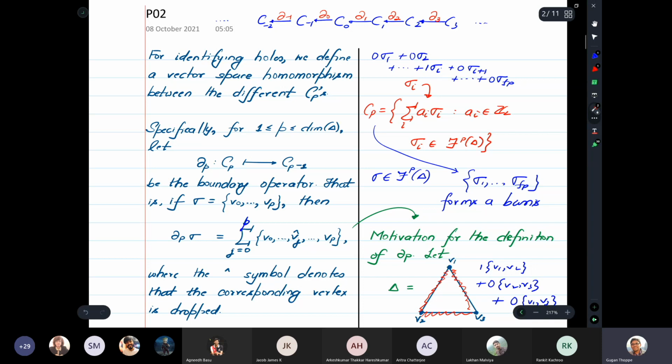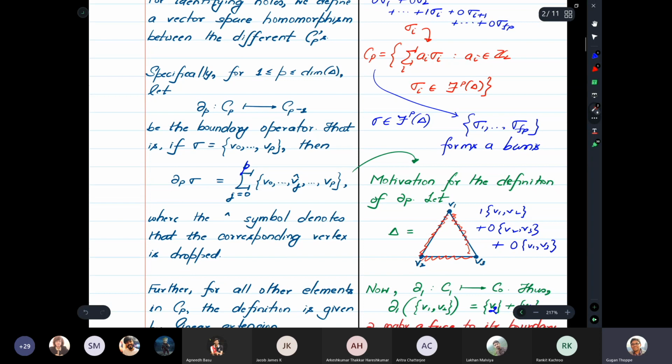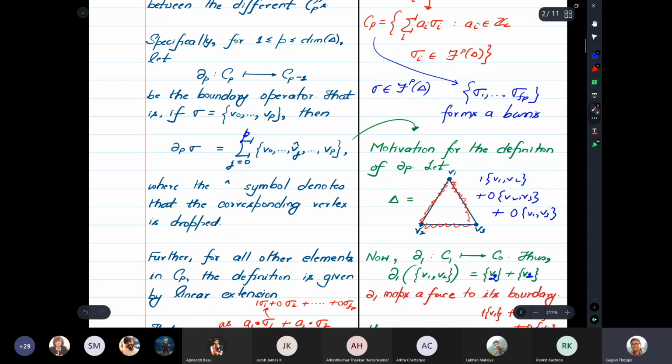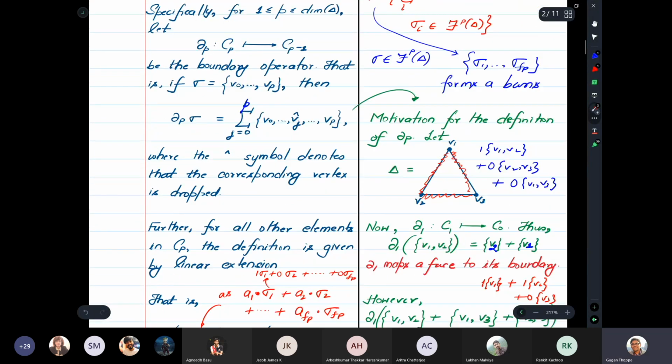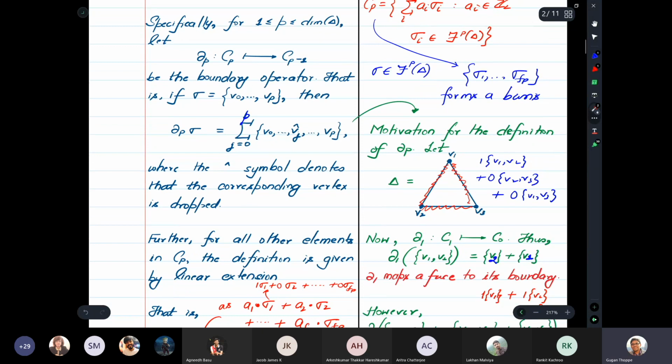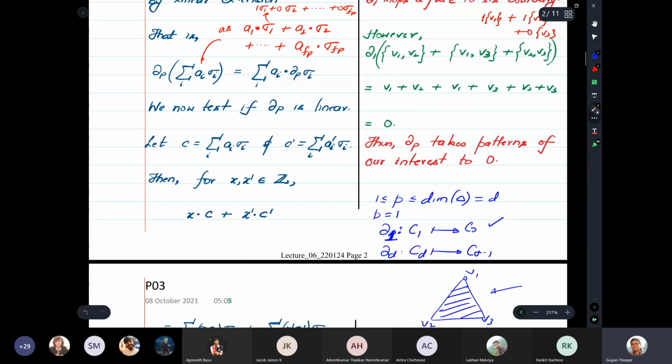For all other cases, either one of the vector spaces or both are defined in a different spirit. That's why I want to cover those cases separately. So you are right that at this point we have only defined this DABA P when P lies between 1 and the dimension of delta. We will soon extend this definition to cover the cases when P lies outside this range. I hope this is clear.